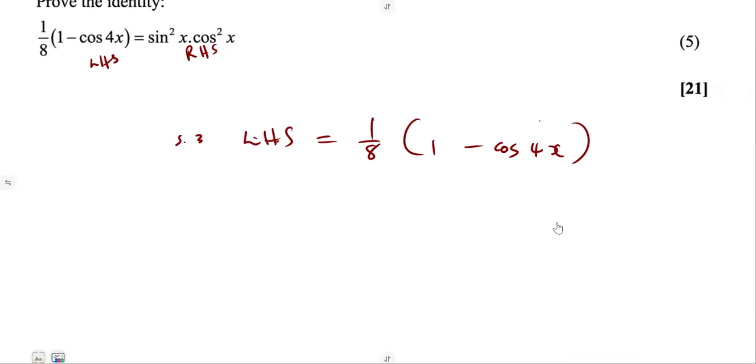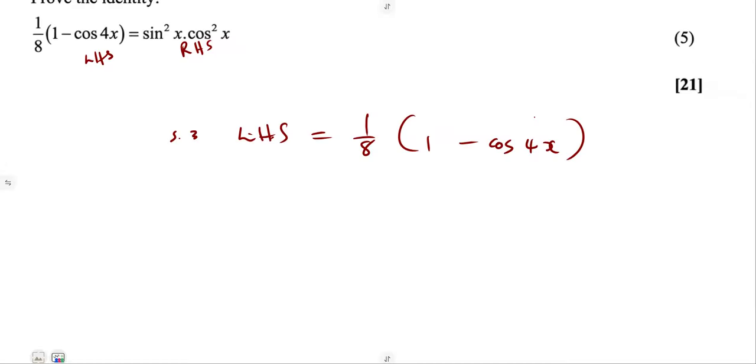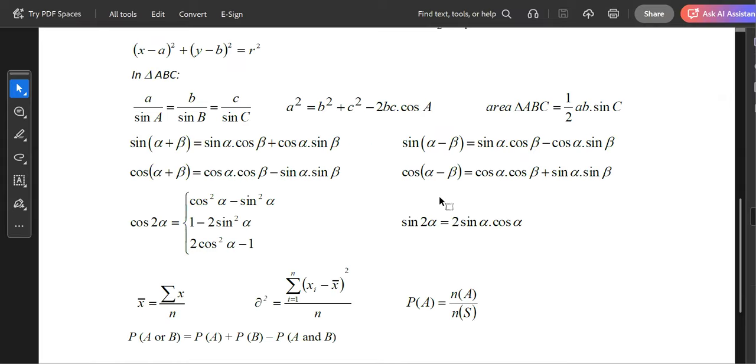But if we check also, there is a squared. The sine squared, cos squared, under a product. Let's figure out, because we are going to play around with our identities this time. All right, let's see one or two things here.